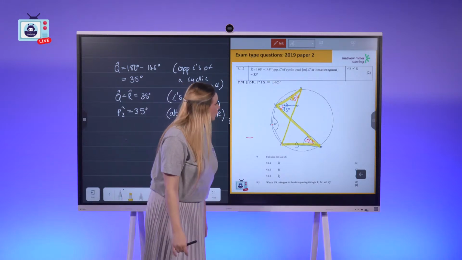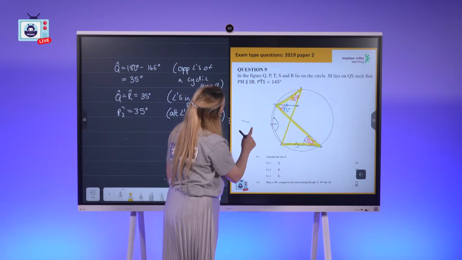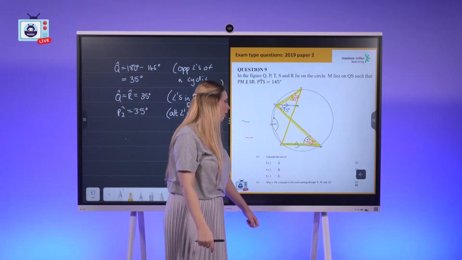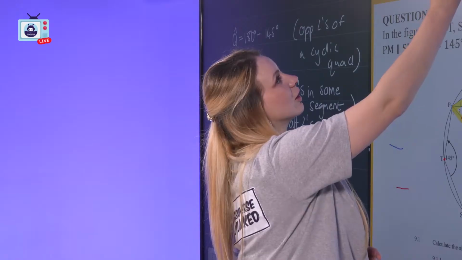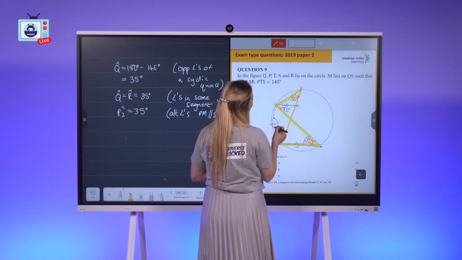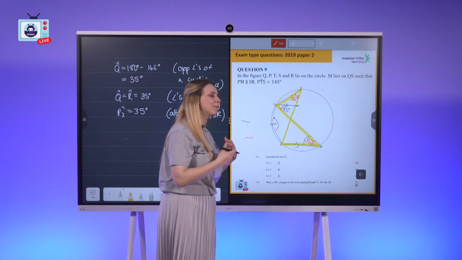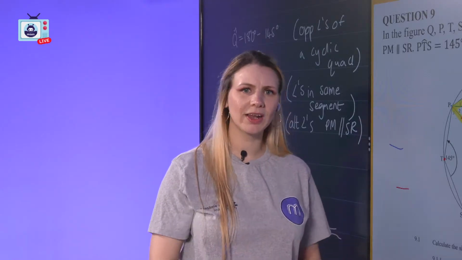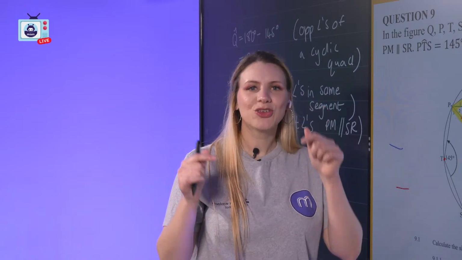Okay, let's have a look at the last question. It says to show that PR is a tangent to the circle passing through PMQ. There isn't a circle at the moment passing through PMQ, so I'm going to try my best to draw a circle passing through PMQ, because the best way to answer a question where they ask you to prove that there is a tangent to a circle where there isn't a circle, is to draw the circle.